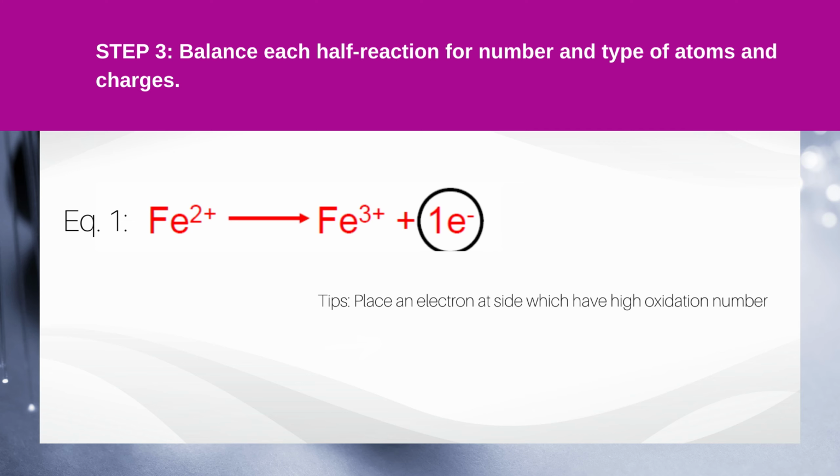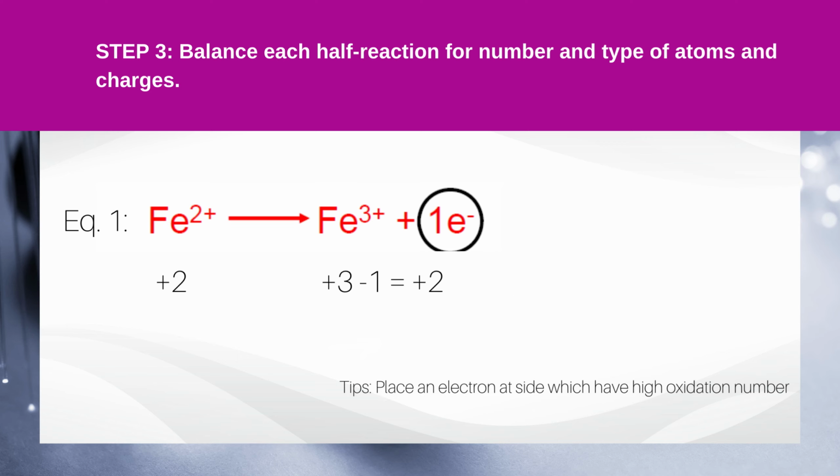So we place the electron at the right side. The right side has a charge of +3. So we add one electron, minus 1. So now the charge is +2. Okay, now the charges for both sides are balanced.